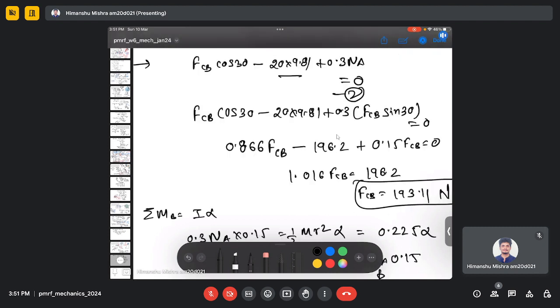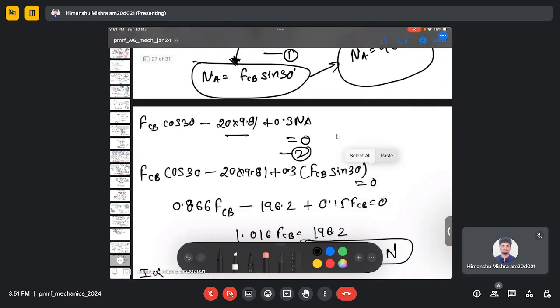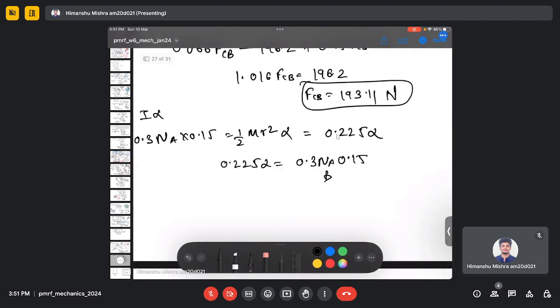My NA is 96.5. So I will get the angular acceleration as 19.3 rad per second square.